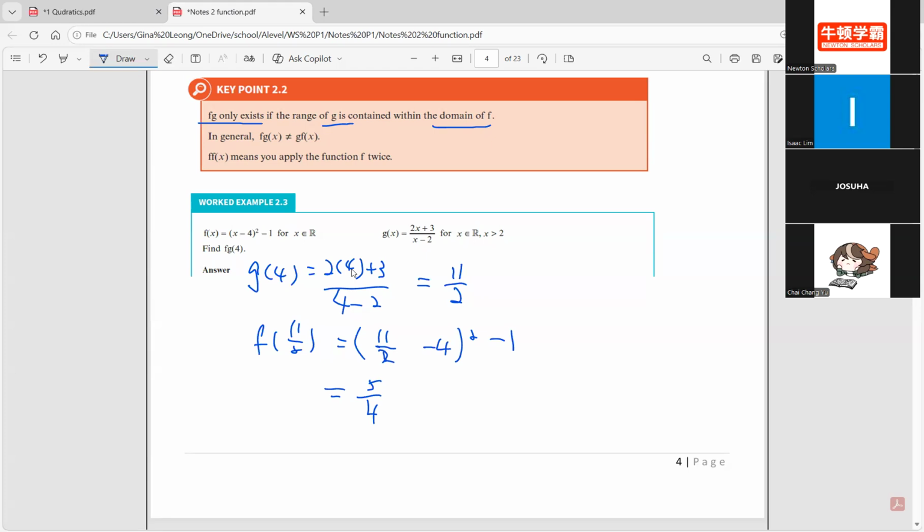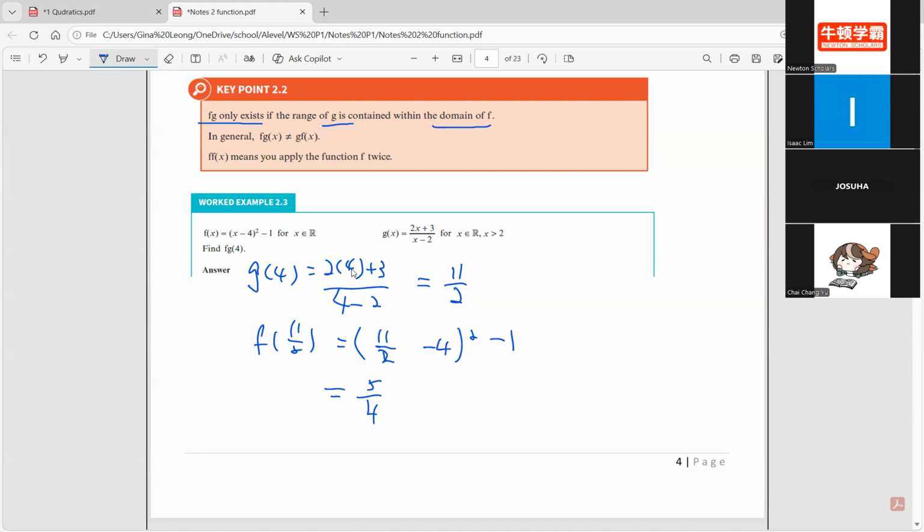So if let's say fg exists, you need to check the range for the fg. This one is not the range, this is actually the domain. The range you can put when x is more than 0, more than 2, any value.